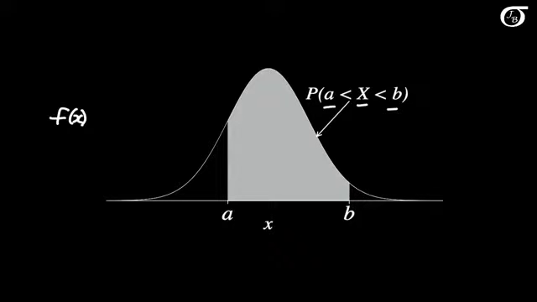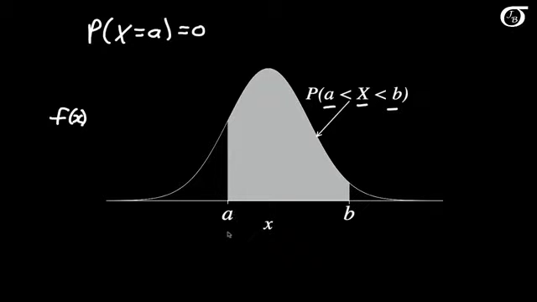One important notion here is that the probability the random variable x is exactly equal to any one specific value is 0. Or we could say the probability the random variable x is equal to the value a is 0, for any a.